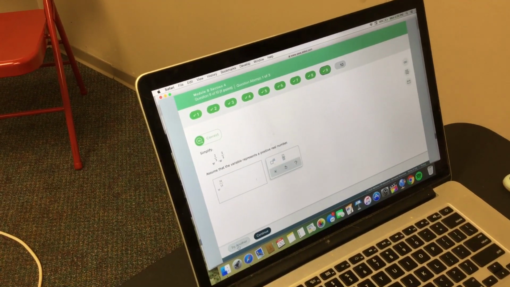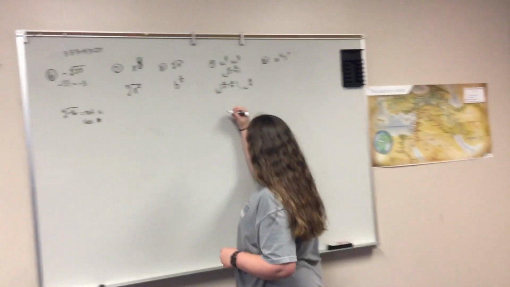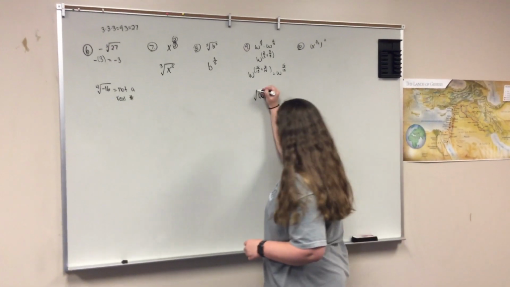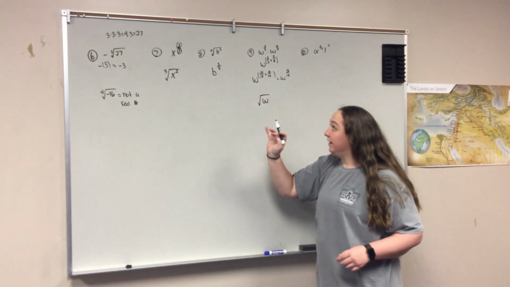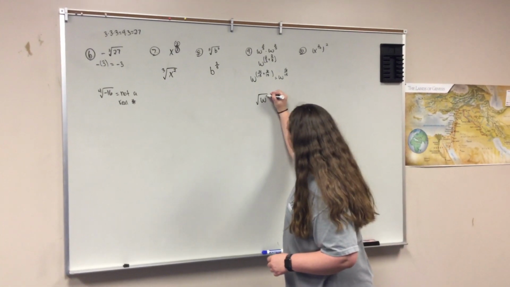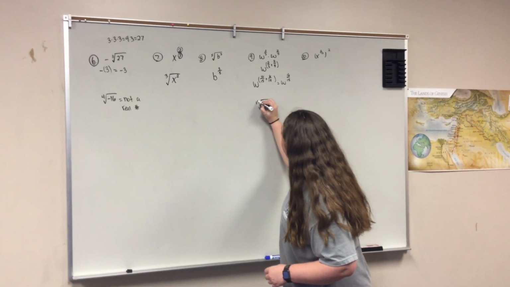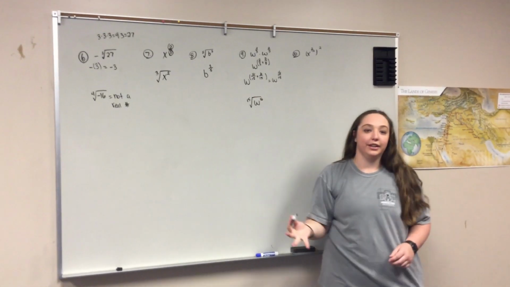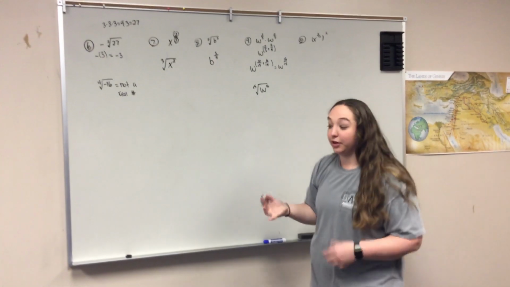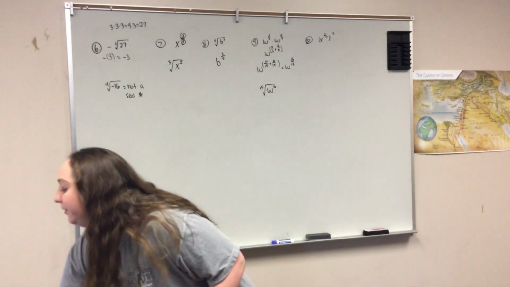But if you were to put this in radical expression, remember that the numerator goes under the radical expression and the denominator is the root that you're looking for. So that's what it would look like if you were to put it in root form, or radical form, excuse me.